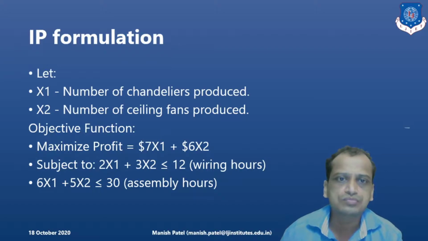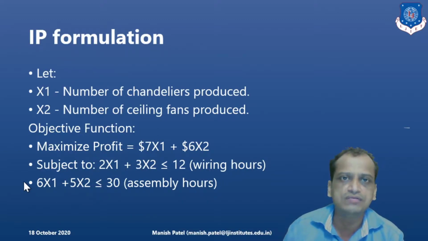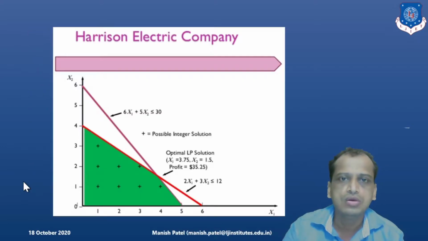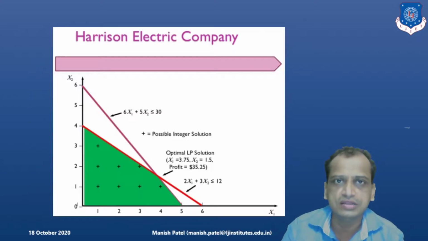If we formulate it, x1 is the number of chandeliers and x2 is the number of ceiling fans, then maximizing the profit is 7x1 plus 6x2, subject to these two constraints which we already showed in the previous slides. Obviously, x1 and x2 are greater than or equal to 0, the non-negativity constraints.